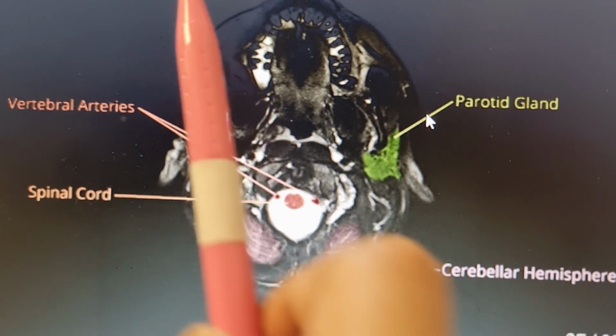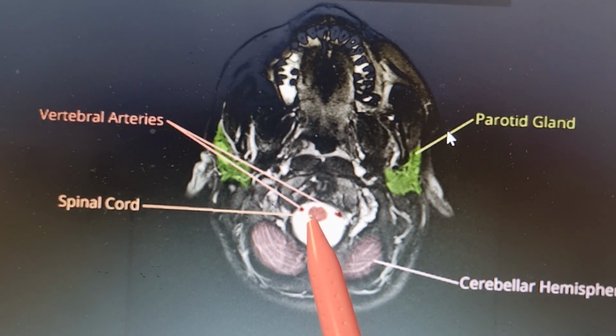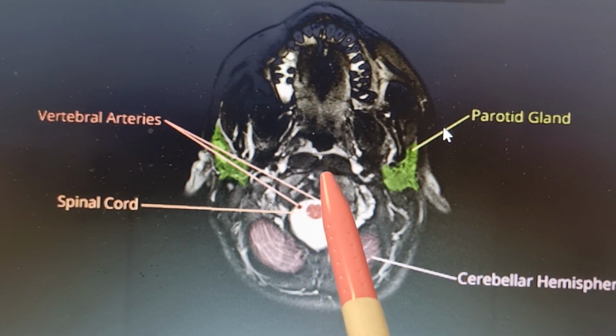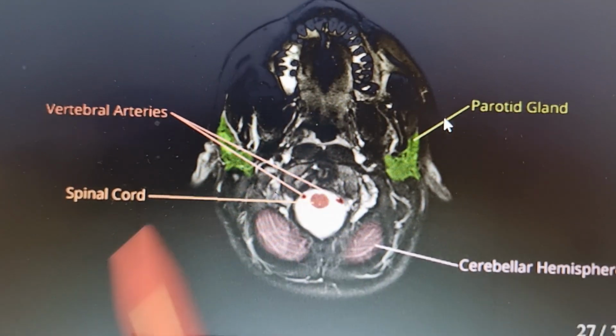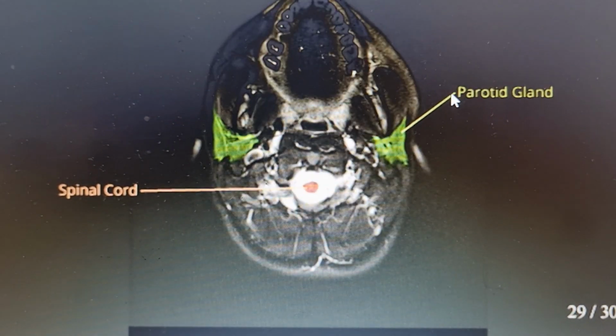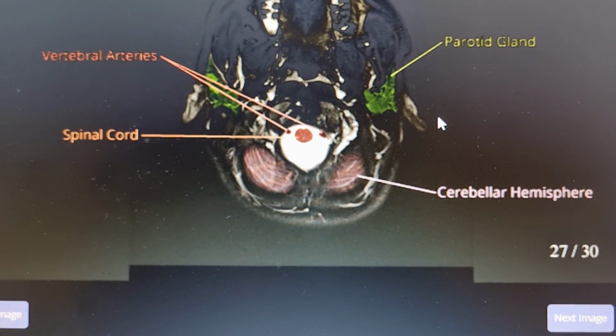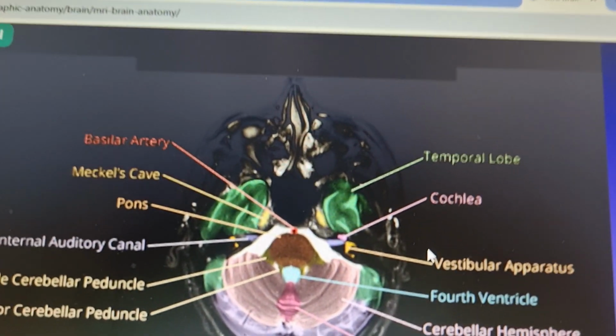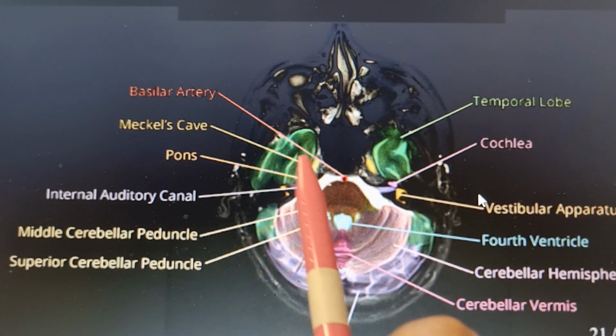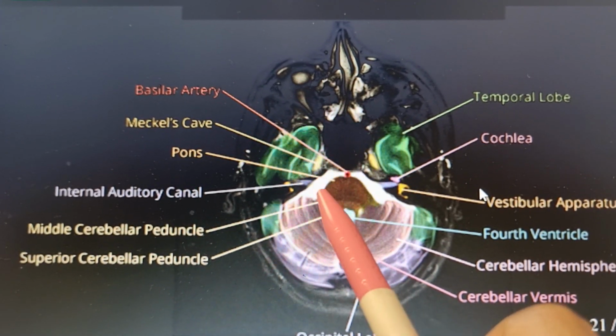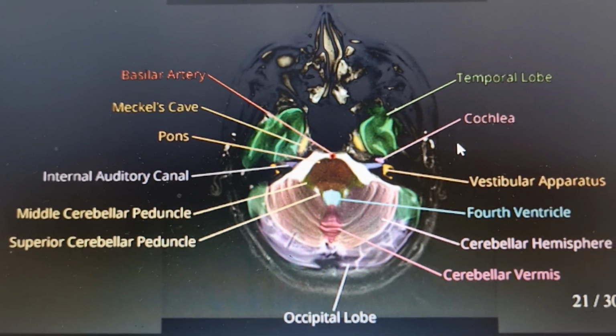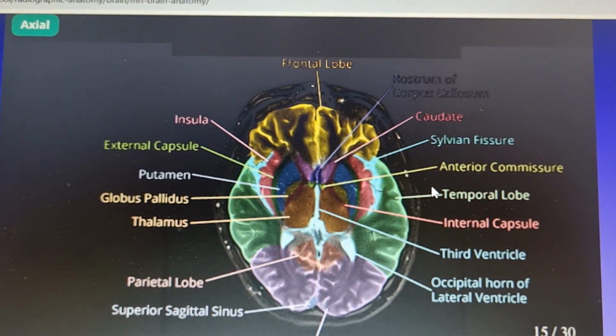You can see these are the two vertebral arteries. The two vertebral arteries join above to form one basilar artery. This is the basilar artery, made by two vertebral arteries, which I showed you in the previous section.